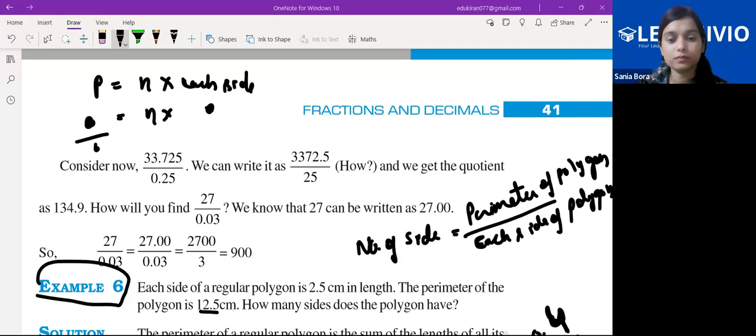Ma'am, what about the second statement? Then the perimeter of a polygon equals this.